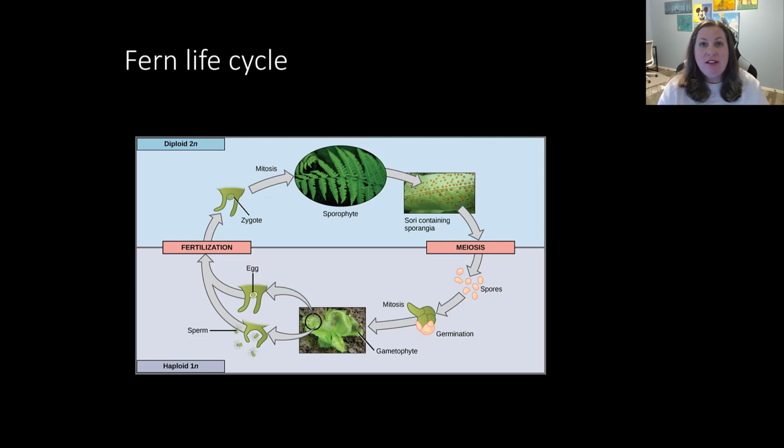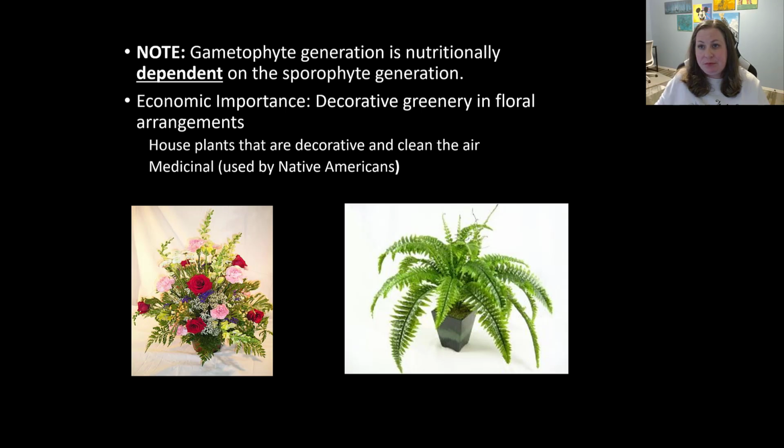This gametophyte is going to produce egg and sperm, relying again on water because the sperm is flagellated to go find the egg so that fertilization can occur and we start the process back over. Okay, and so that's what we're looking at for the fern life cycle.